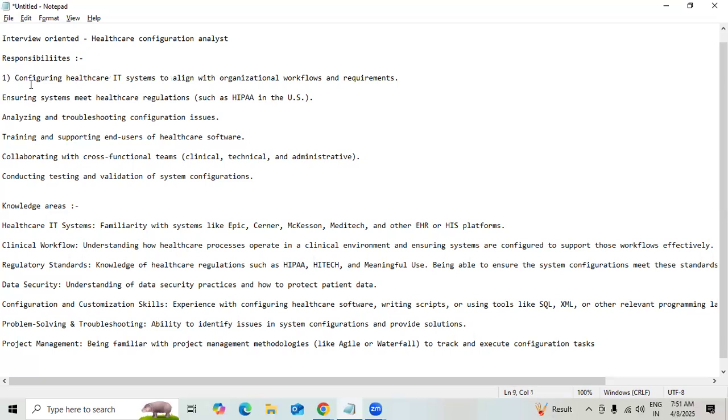For example, different healthcare systems, either from the provider side or from the payer side. It can be claim related applications, billing related applications, billing and benefit enrollments. So different healthcare systems, from the provider side or payer side, we need to configure. That is point number one.